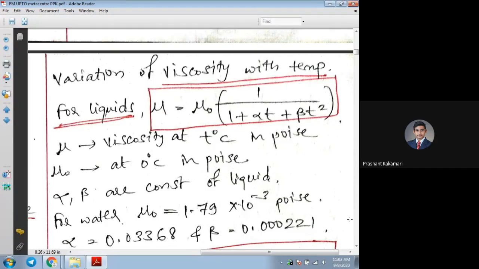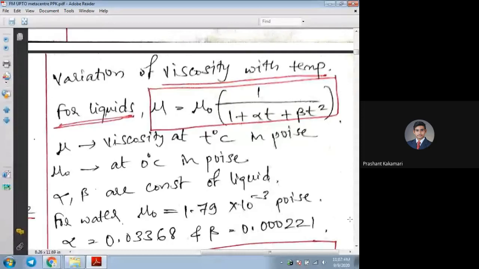So mu naught for water, if you see, is 1.79 into 10 raised to minus 3 poise, and the alpha and beta constants for water are alpha 0.03368 and beta 0.000221. So these values are required to find out the viscosity of any liquid at a given temperature. So if you know the temperature value, the alpha beta values, and the viscosity of water as a standard liquid, one can find out the viscosity.